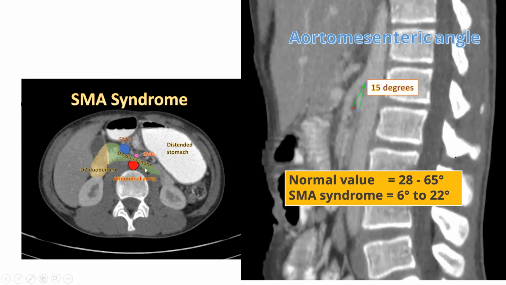As you can see, the third part of the duodenum is compressed because of the angulation of the superior mesenteric artery, leading to obstruction in D3. There are a few values for diagnosing it. For example, the normal value of aortomesenteric angle is 28 to 65 degrees. In SMA syndrome, it is reduced to 6 to 22 degrees. Aortomesenteric angle, okay?